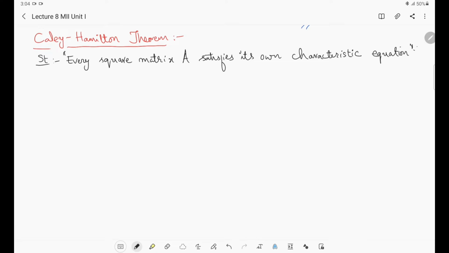Suppose I am having a matrix A, and as a specific example, let A be a matrix whose order is 3 by 3. Then you find the characteristic equation of this.